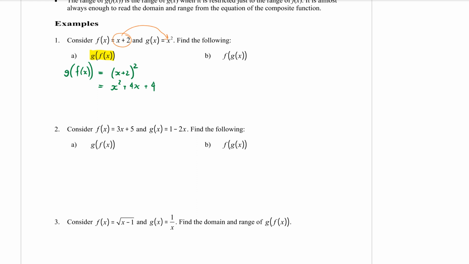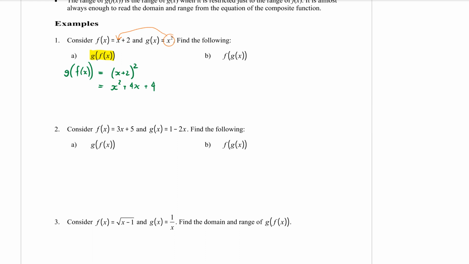Now, it is important which one you sub into which, because now we're going to do the other direction. I'm now going to sub the g of x, because that's the middle part. I'm going to sub that into the f of x function where the x is.